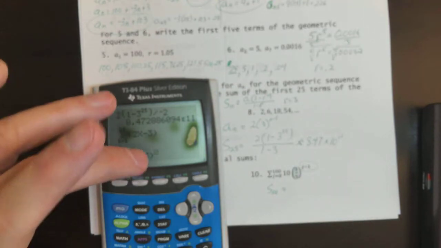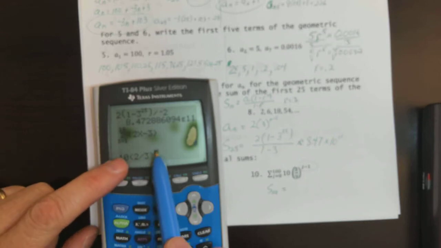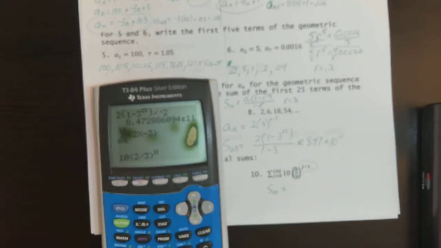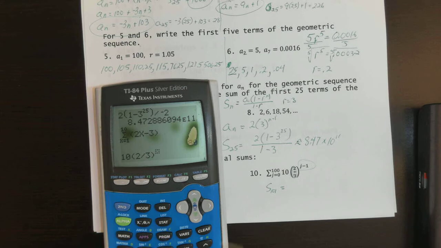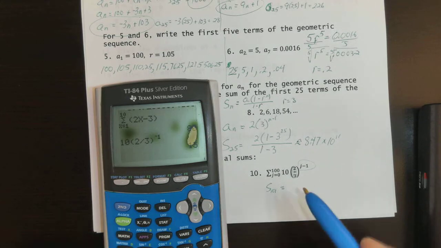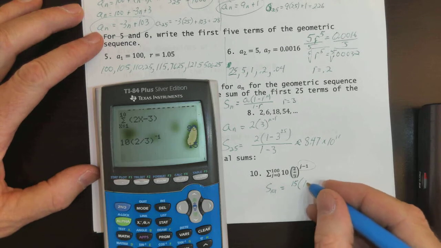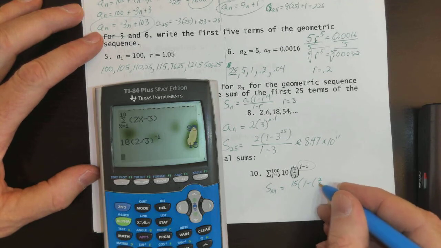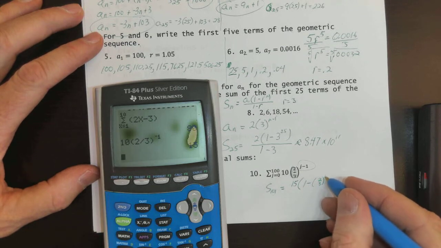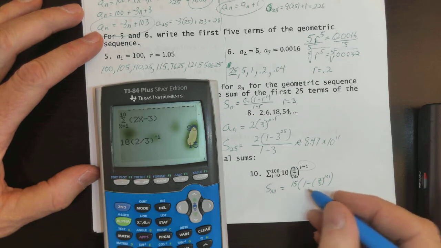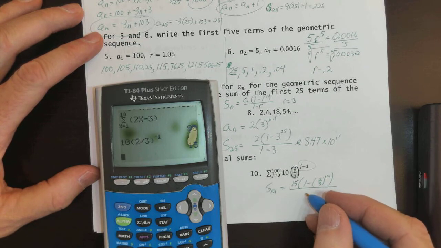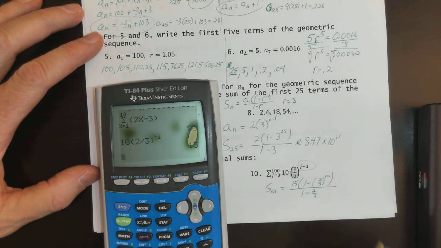Now this is going to be 15, because 2/3 to the negative first power is 3/2 to the first power. And 10 times 3/2 is going to give you a 15. I'm just giving you a predictor here before I do it. So it's the first term, which is 15, times 1 minus 2/3 to the 101st power over 1 minus 2/3.